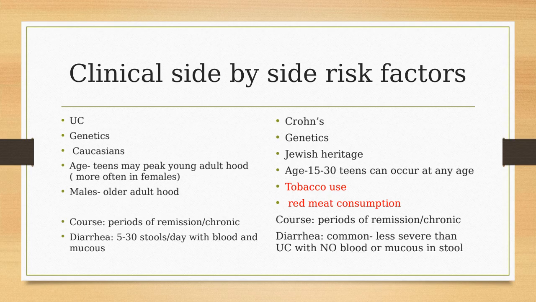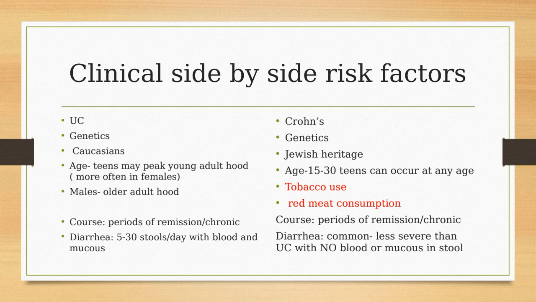Okay. Crohn's, as I said, typically affects teenagers 15 to 30, but you have a higher incidence of modifiable risk factors, tobacco use and red meat consumption. With periods of remission and chronic disease, again, the long-term goal is to reduce exacerbations and have longer remission time.